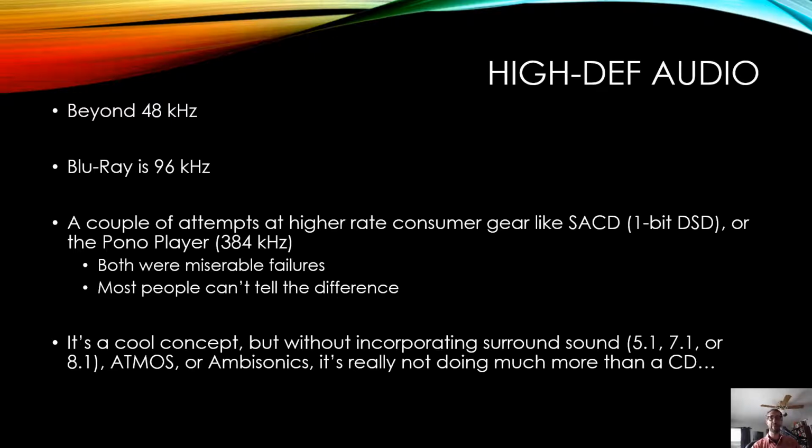It's a cool concept, but without incorporating surround sound like 5.1, 7.1, Atmos, ambisonics, whatever, it doesn't really sound noticeably better than a CD if you're just listening to it in stereo.